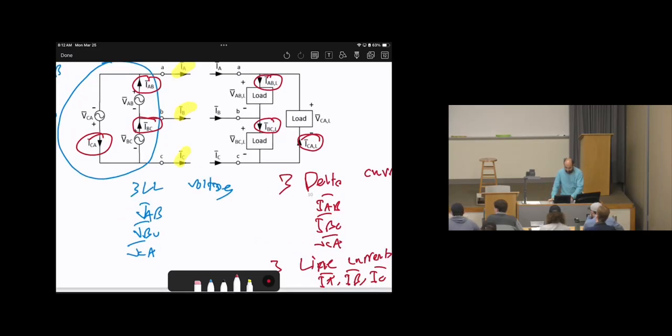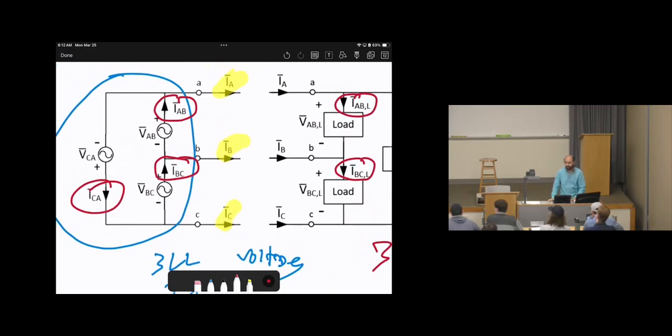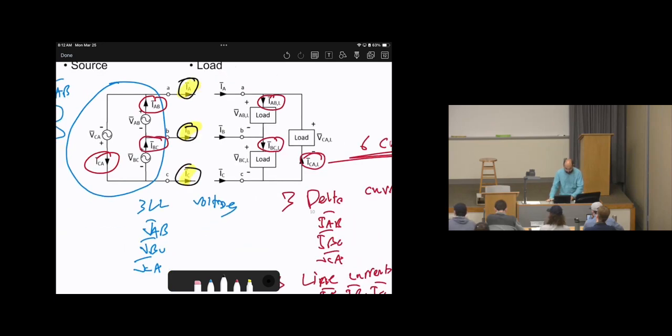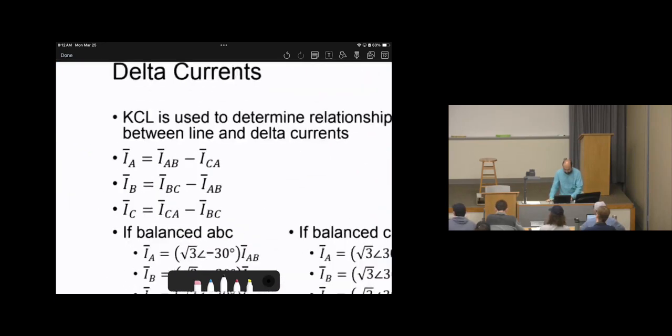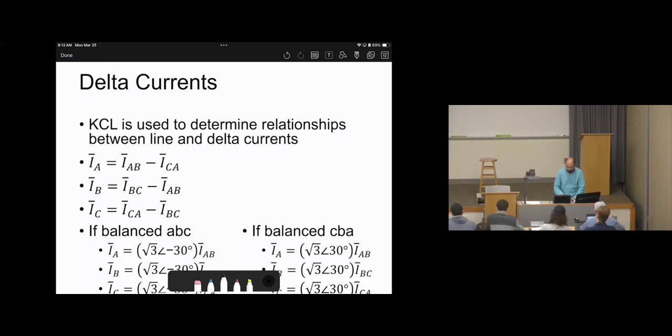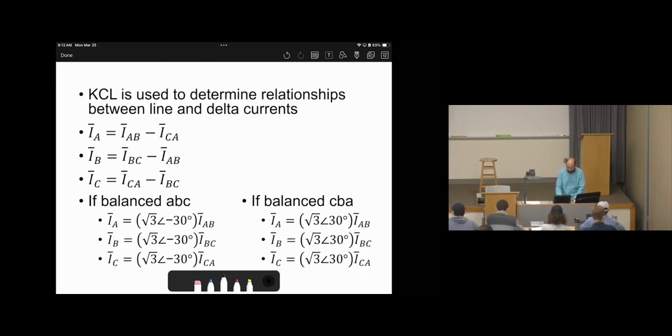Now the question is, how to calculate these delta currents? How can I calculate this based on the line currents, IA, IB, IC? You can do KCL, right? So we can do KCL to calculate these currents. These formulas: IA equals IAB minus ICA, so notice A here, A at the beginning, A at the end.